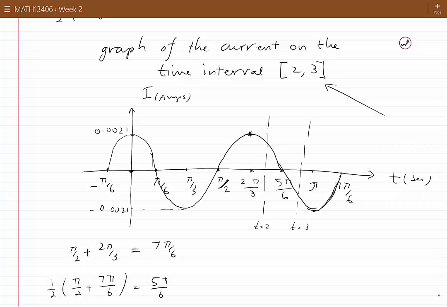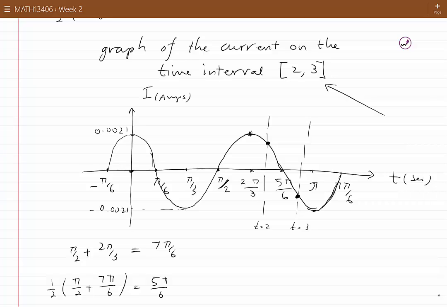So we can ignore the rest of the graph and keep only the portion of the graph which is between t equal to 2 and t equal to 3, if you're interested only in that interval. But we would also need to provide the coordinates of these points. These are, let's say, the end points of the interval.